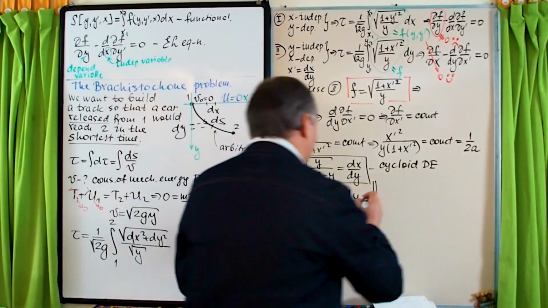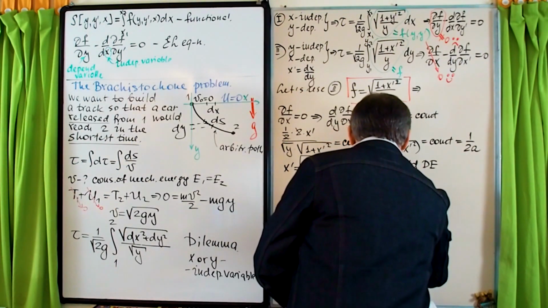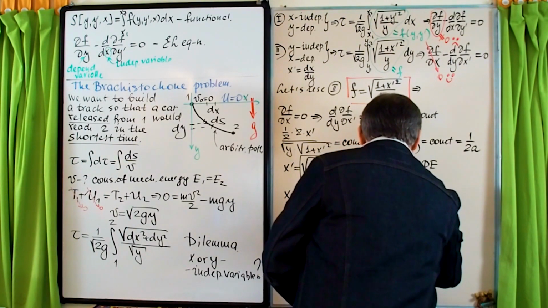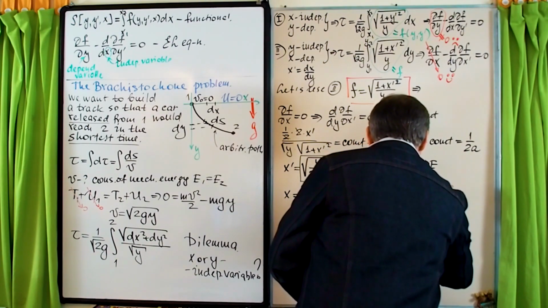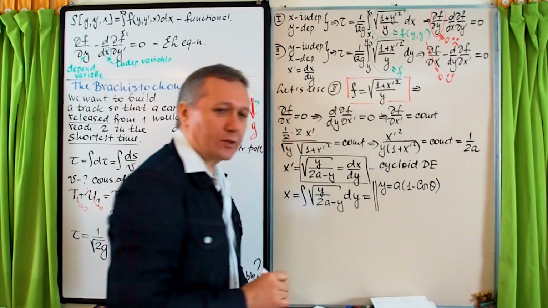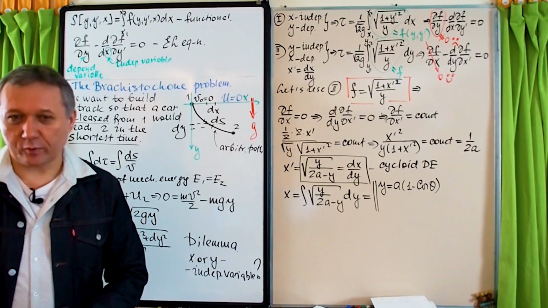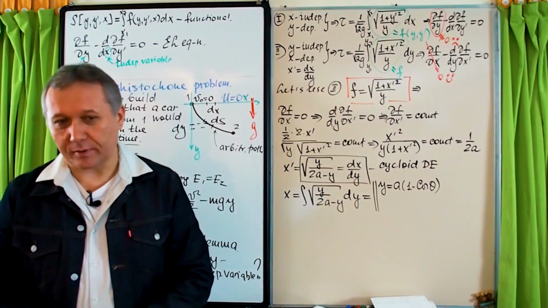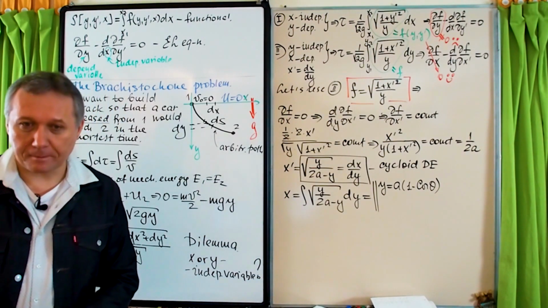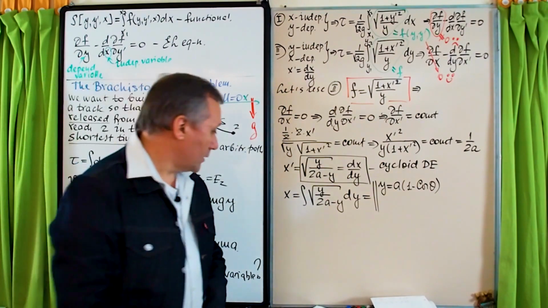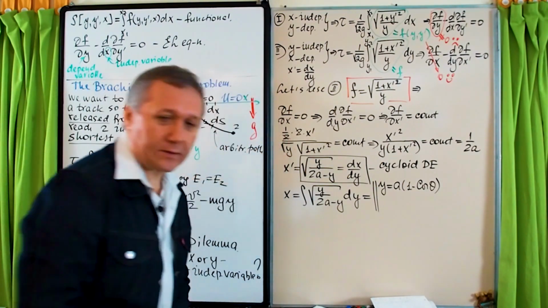So the substitution is y equals a times 1 minus cosine theta. So we're moving from y to a new parameter, a new variable theta. Okay, am I correct? Yeah, that's correct.